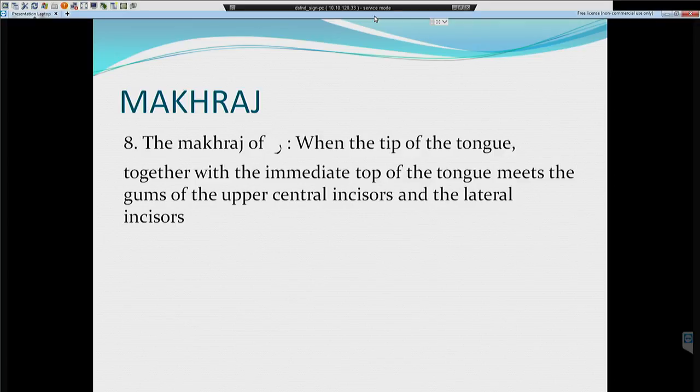There's different ways. Also in the Urdu language, there's a different letter, also ra. It's very hard to pronounce that one. It took me years to figure that out. But ra is easier, and ra is not like the letter R in the English language. Oftentimes, when you're reading the letter ra, we pronounce it with an R. R actually doesn't even touch the tip of the tongue to the gums of the central and the lateral incisors.